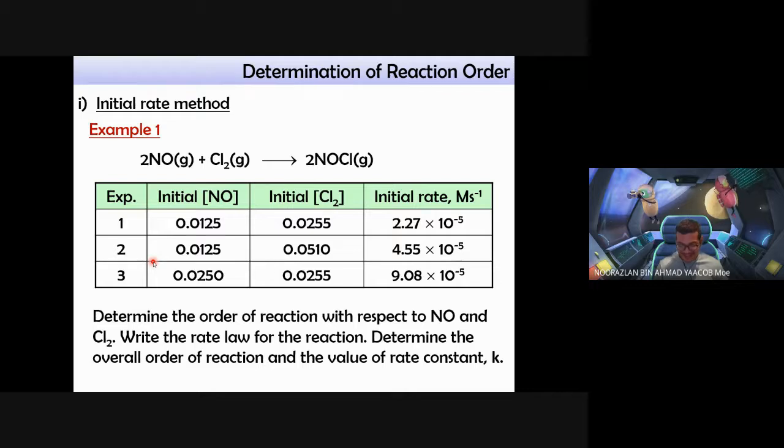Which one is which? Cl2 is one. Okay. NO is two. Is that what you got? Or the other way around? Alright, correct. Okay. Alright, so that would be it.